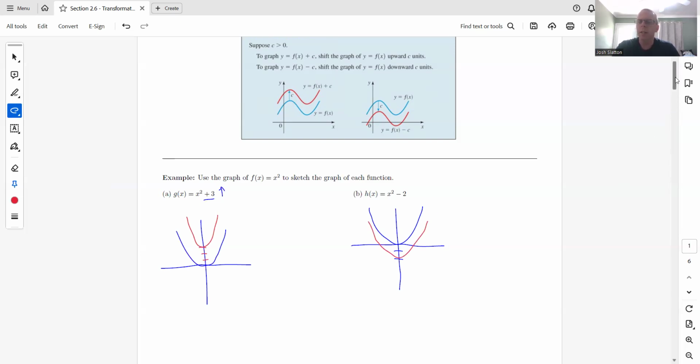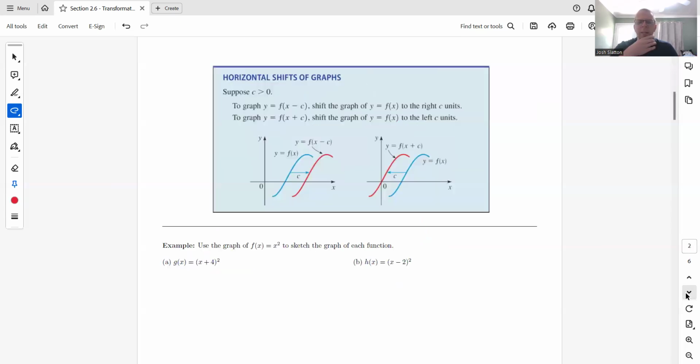So when you add a constant outside of the function, this plus c or minus c is outside of what you had before. If we just had x squared, we're putting the plus 3 outside of the x squared. When you have the constant outside, that moves it up and down. If you have it inside, that moves it left or right. This is maybe the trickier one.